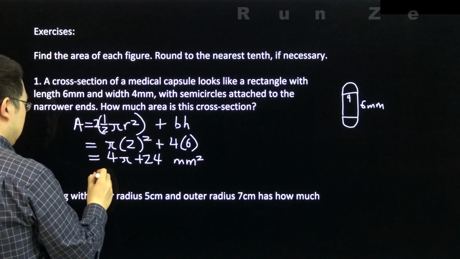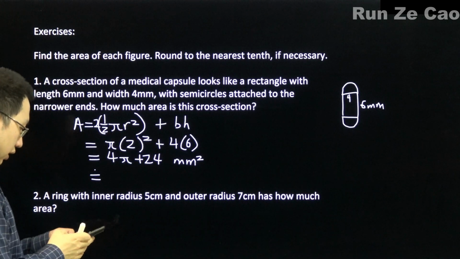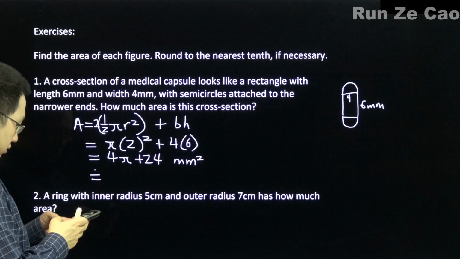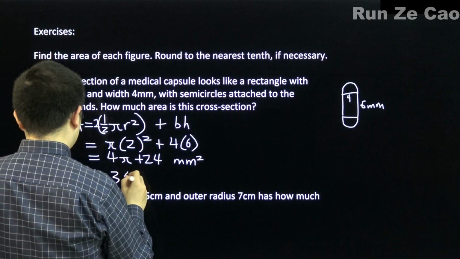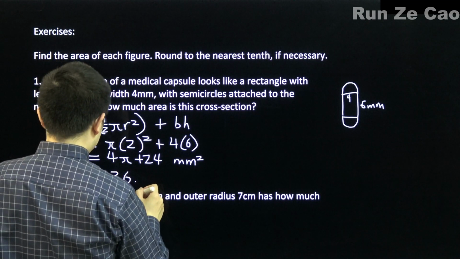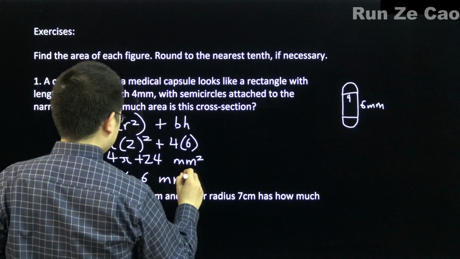Okay, the approximation would come out to 4 times pi plus 24, so about 36.57 or just 36.6 millimeters squared.